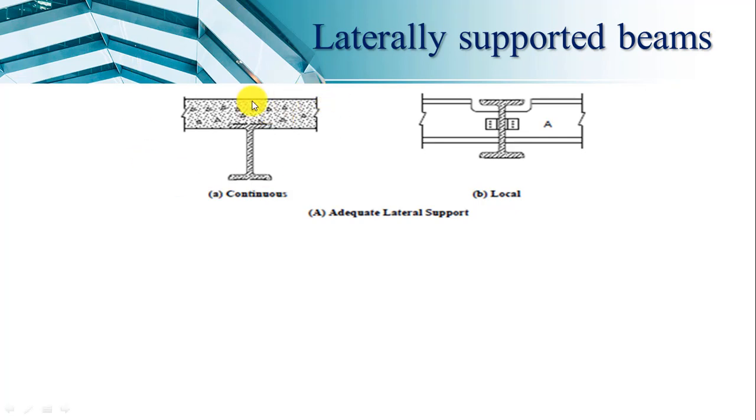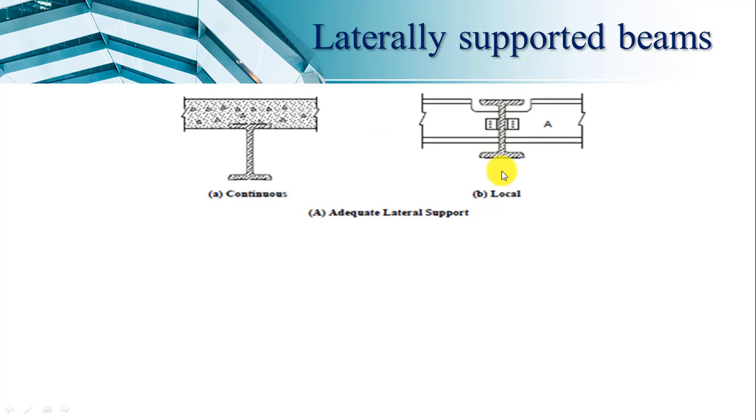So the compression flange of the steel beam will get embedded into the concrete, and because of this support, that will act as a rigid support, and the beam will be prevented from lateral buckling, or this support is provided in the lateral direction, and that is why this type of beam is called a laterally supported beam. Similarly, here another condition is shown, that might be the case for primary and secondary beam.